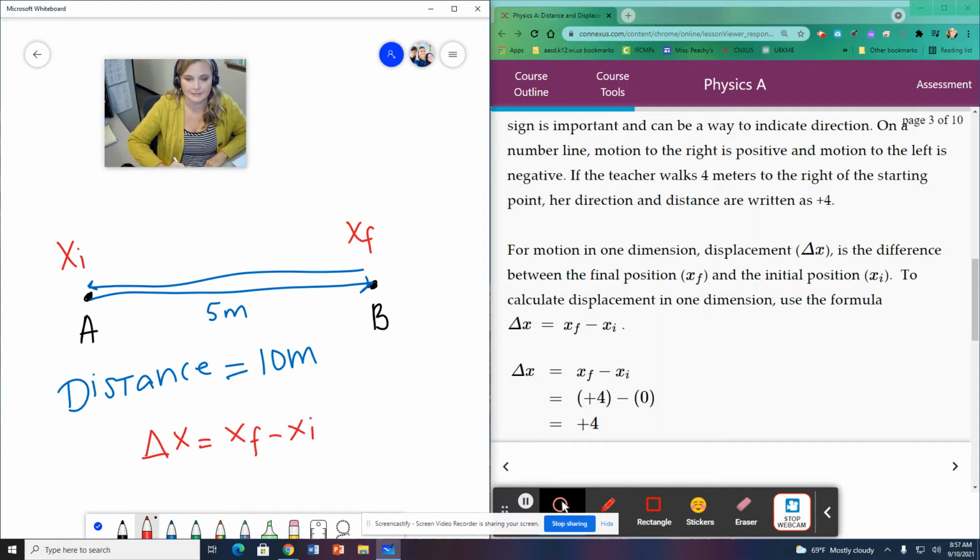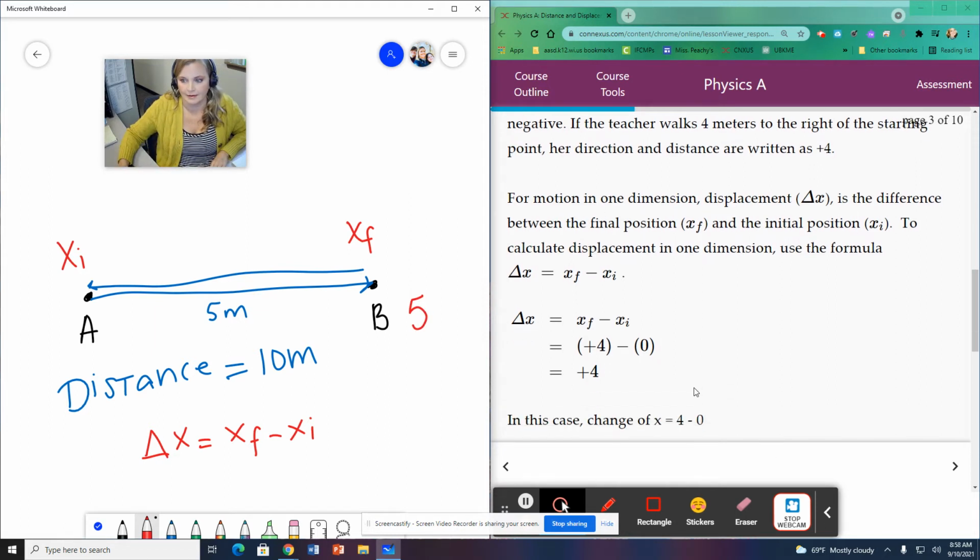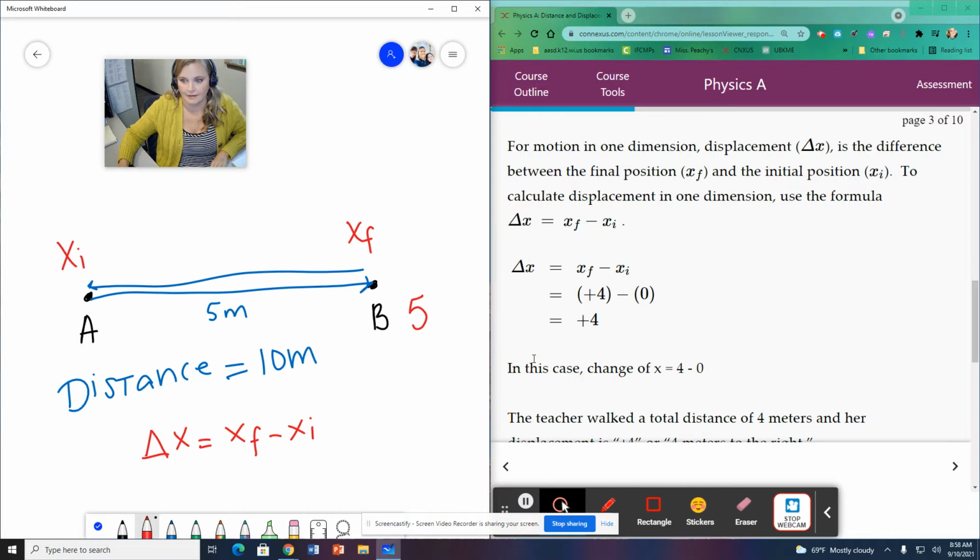In this case, if I look at my final position, which is B, that is going to be positive 5, or 5 meters from A, right? So if I start there and I'm going from A to B, because in their example they just went from A to B, they didn't go back.